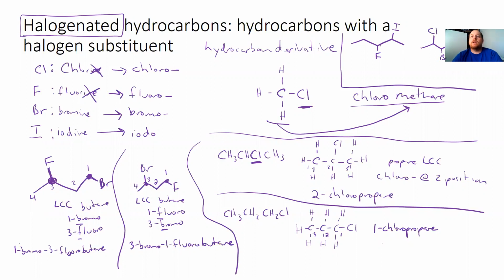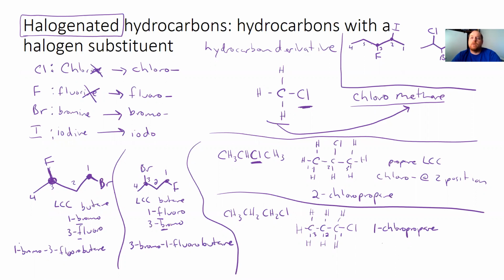What you want to do is say, okay, if I go to the first one, that's at the 3rd carbon. I have a substituent at the 3rd carbon. It would be the 3rd carbon whether I started numbering from the left or from the right. But since this iodine is closer to the right, I'm going to start numbering from the right. So 1, 2, 3, 4.